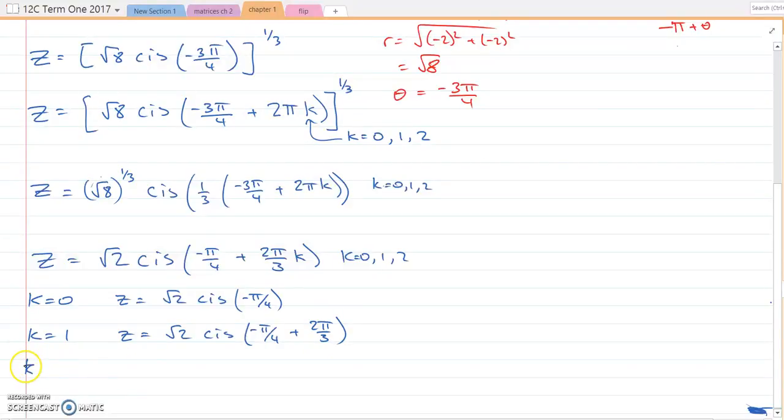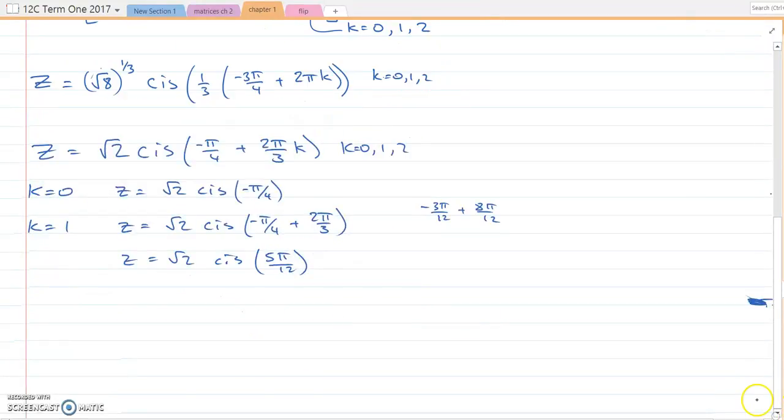Let's work that out: negative 3 pi over 12 plus 8 pi over 12, so that is 5 pi over 12.